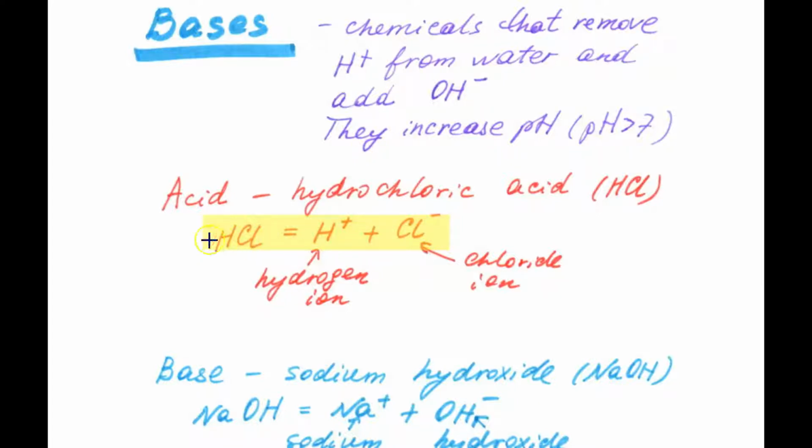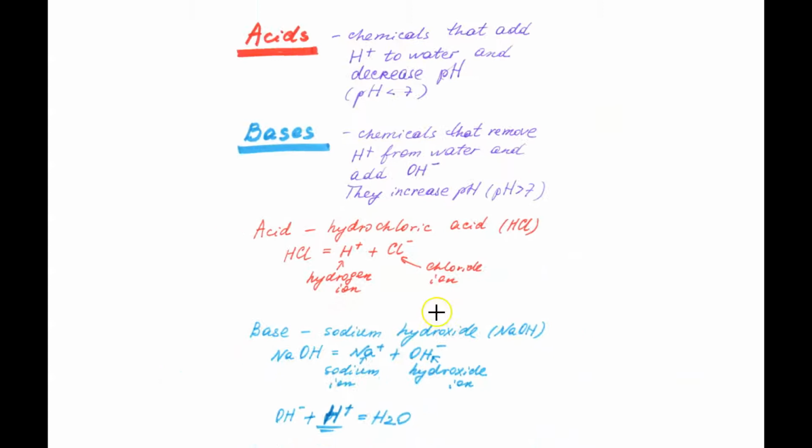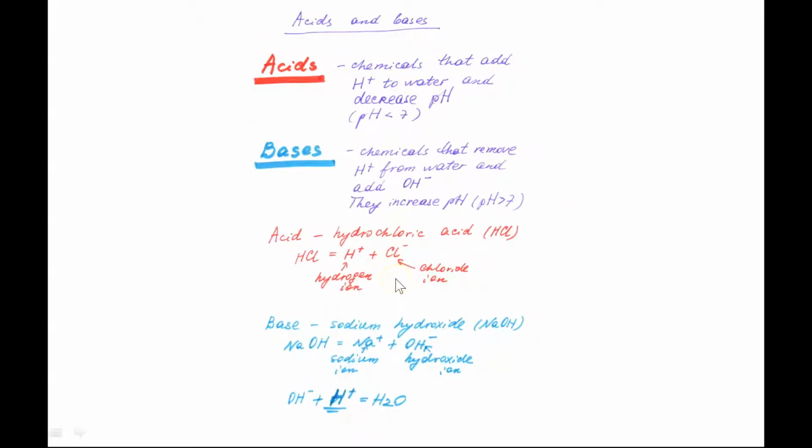So what's going to happen in this case when hydrochloric acid is dissolved in water? I will have more hydrogen ions. My hydrochloric acid literally is going to add more hydrogen ions to the water.